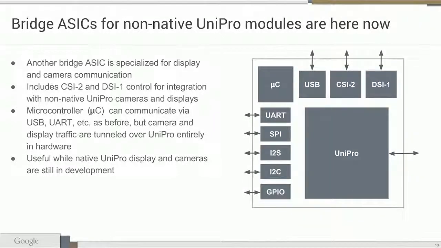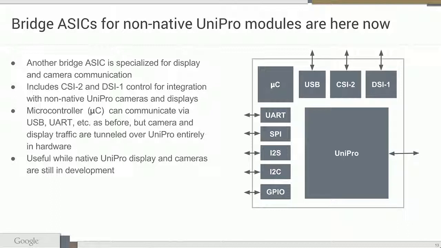Now, I mentioned that there were a couple of special cases for existing legacy camera and display protocols. There's another ASIC that we've developed that handles these special cases. These are shown in the top right, CSI2 and DSI1. Those are camera and display protocols and PHYs that use a different physical layer than UniPro. Because these are high throughput and necessary, we decided to build a special ASIC for handling these directly in hardware.